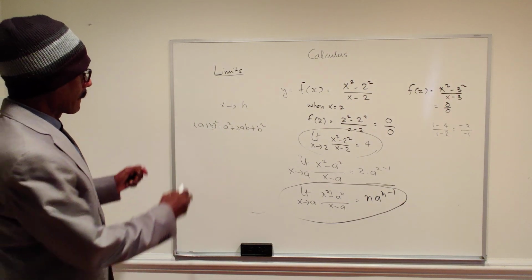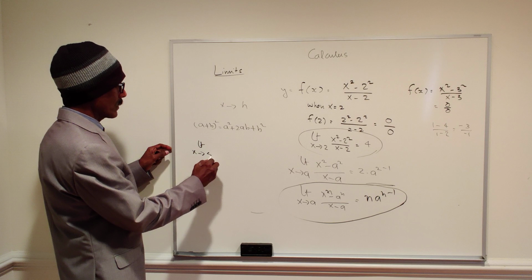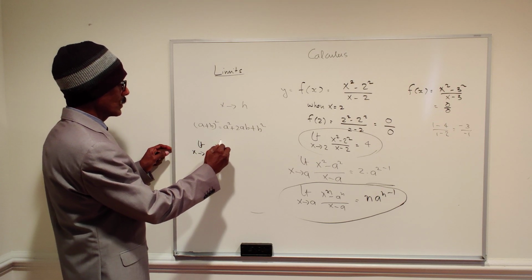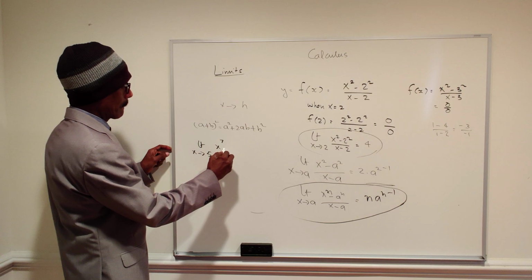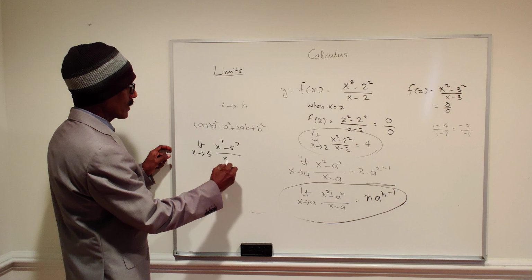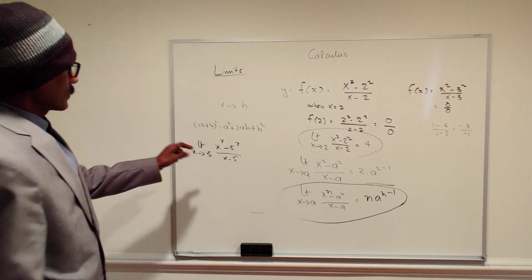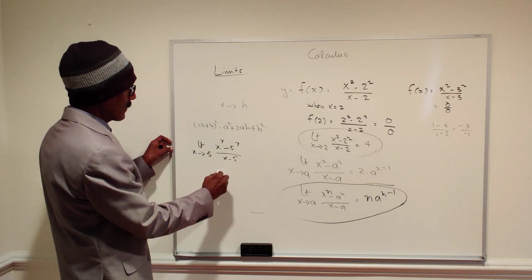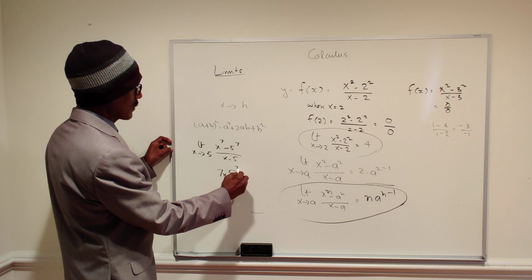For example, limit x tends to 5, x raised to 7 minus 5 raised to 7 divided by x minus 5. So what is the answer? Here the answer is 7 into 5 raised to 7 minus 1.